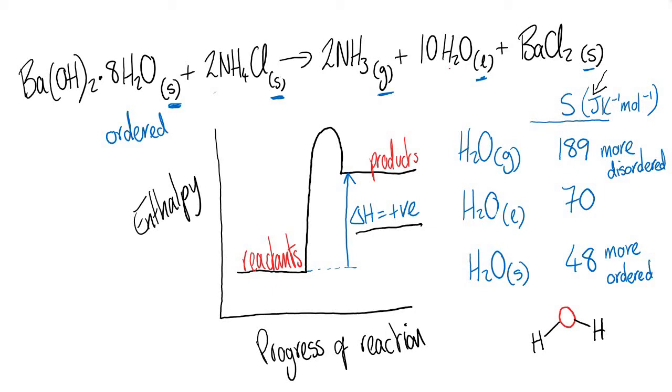The product side is more disordered because we are making a gas, a liquid and a solid. So the driving force for this reaction, and don't forget this is an endothermic reaction, is actually entropy.